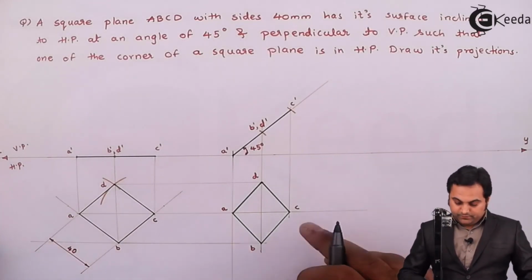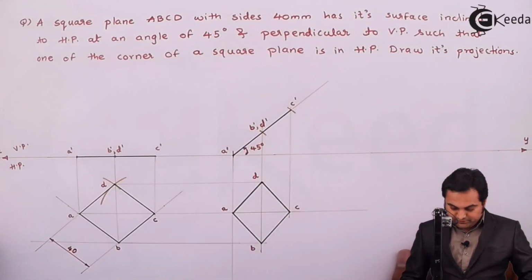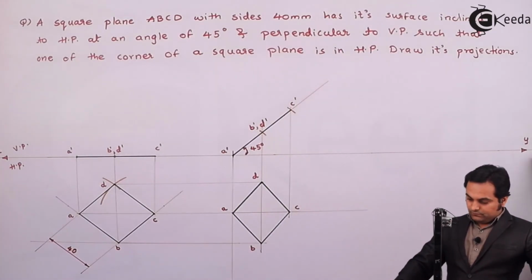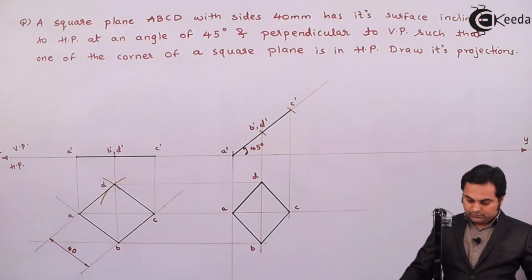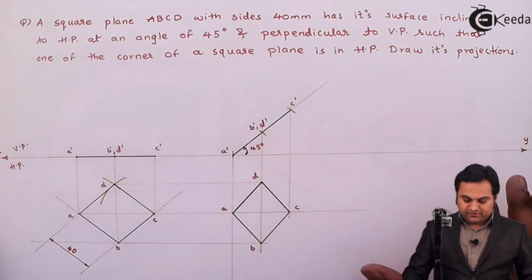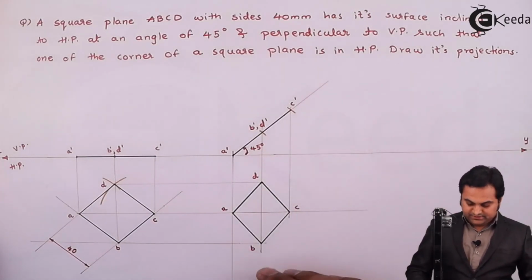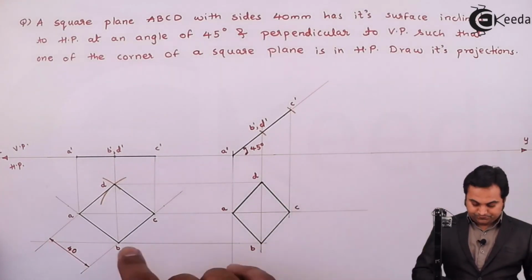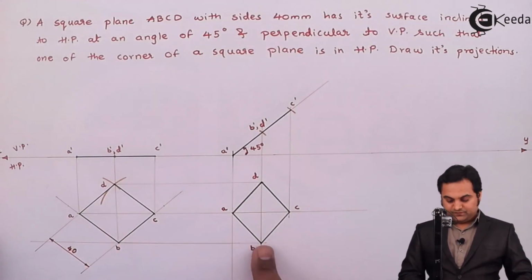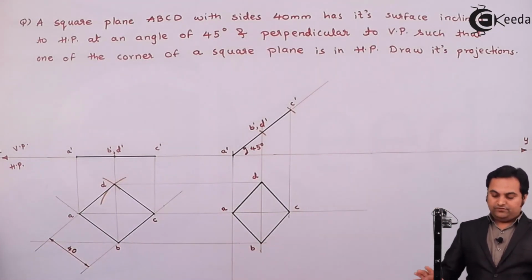Side is 40 mm, then the inclination is 45 degree, and when I've given the dimensions, I can see that the problem has been completed. This is the true shape and here is the apparent shape of the square plane.